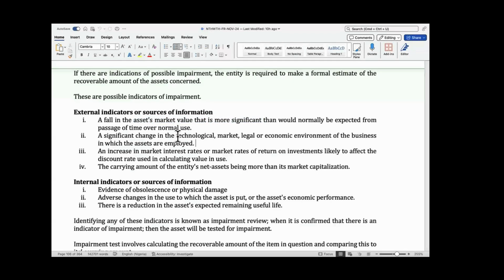You see, this is very logical because a change in technology can render the value of an asset to fall, really. A change in technology, even a change in economic environment. Look at a company that is into, let's say, a company that is in the oil and gas industry in Nigeria, for example.